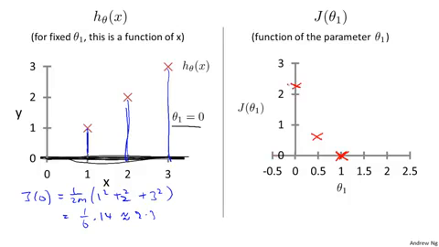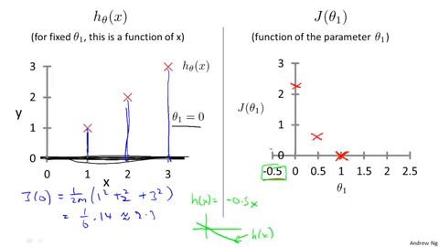And of course, we can keep on doing this for other values of theta 1. It turns out that you can have negative values of theta 1 as well. So if theta 1 is minus 0.5, then h of x would be equal to minus 0.5 times x, right? And so that corresponds to a hypothesis with a slope of negative 0.5. And you can actually keep on computing these errors.